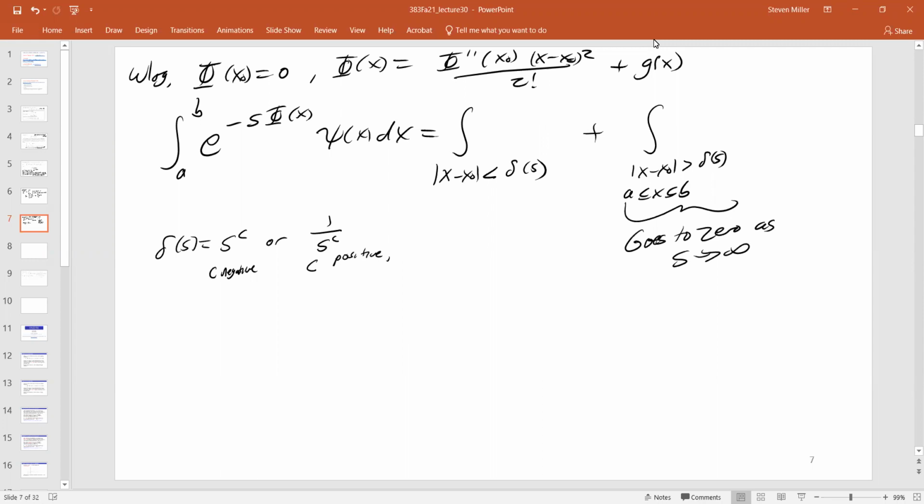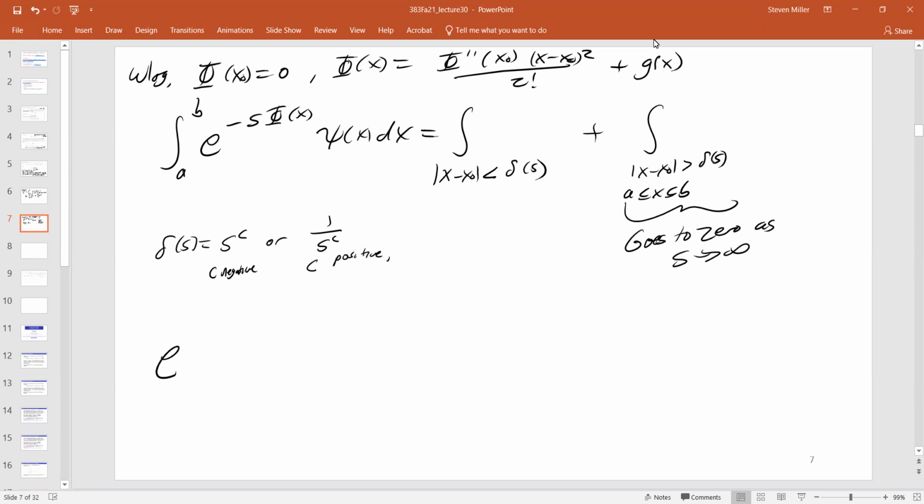If we took c equals 1, do we think that's too small? We already know just from our quick heuristics that we should be able to move 1/square root of s and not have much of a change.